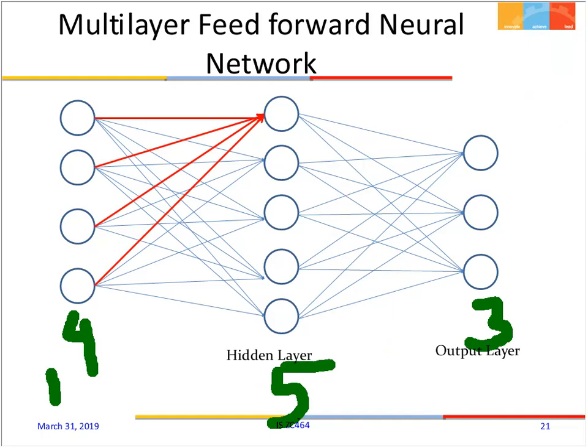So it will not be 4 into 5 into 3. It will be 4 into 5 plus 5 into 3. Okay, so it is 4 into 5 for the first 2 layers in between. You can always count on this. It is 5 plus 5 plus 5 plus 5, that means it is this much.